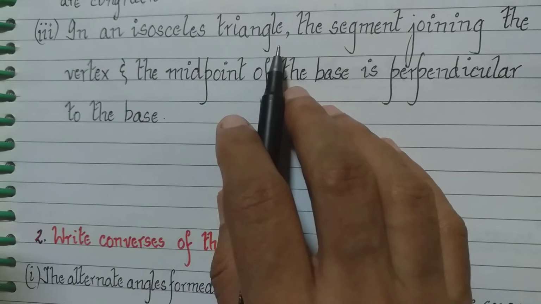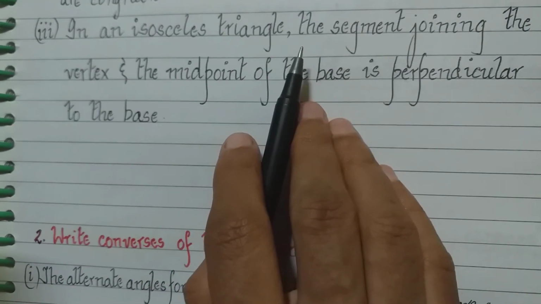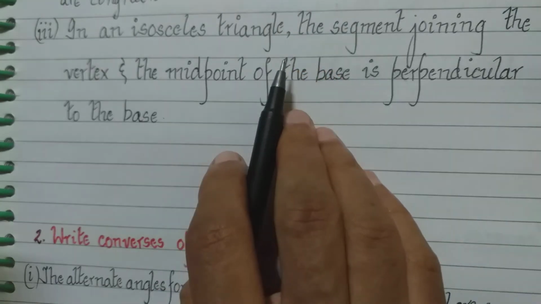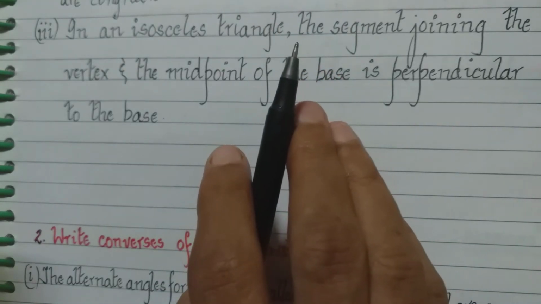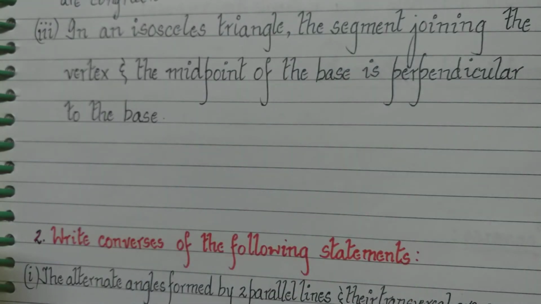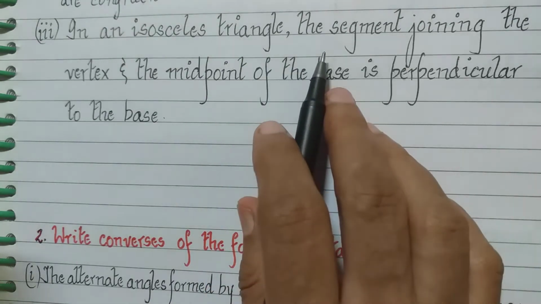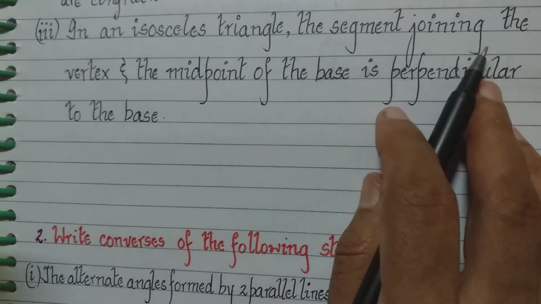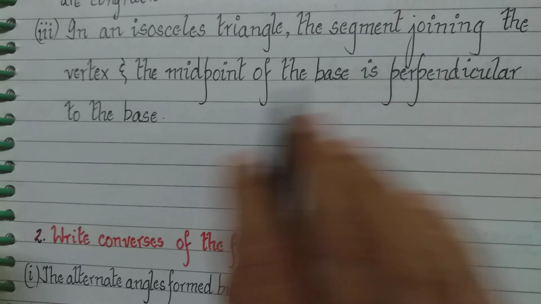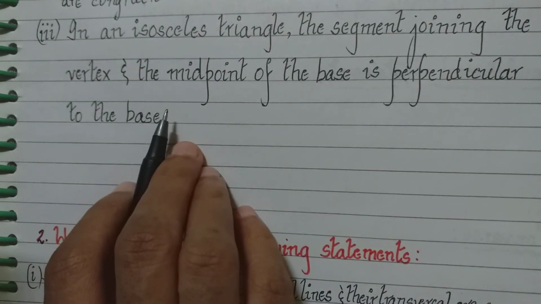What did I say we do first? We see what type of figure it is. We are talking about a triangle here. So if the triangle is an isosceles triangle, then we write the property. What is the property? The segment joining the vertex and the midpoint of the base is perpendicular to the base.